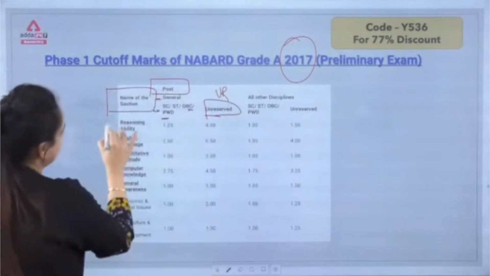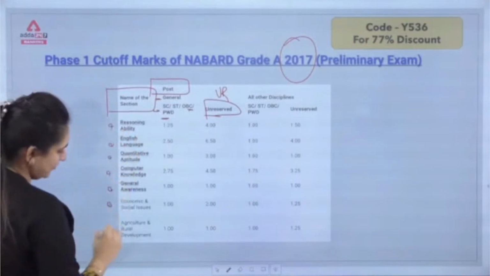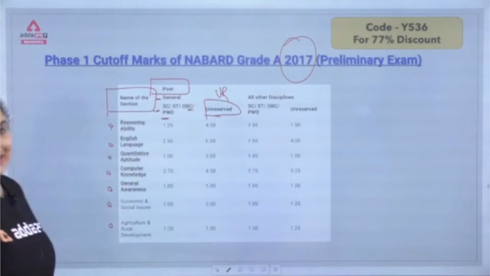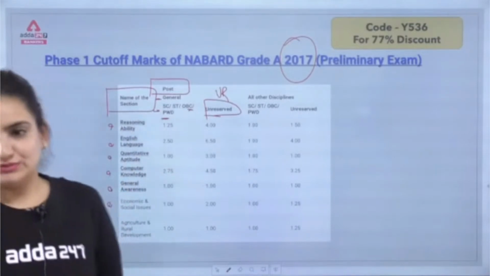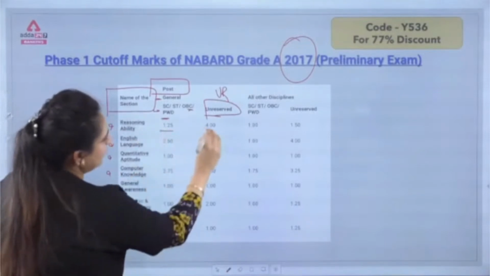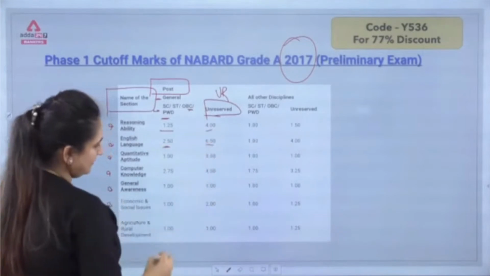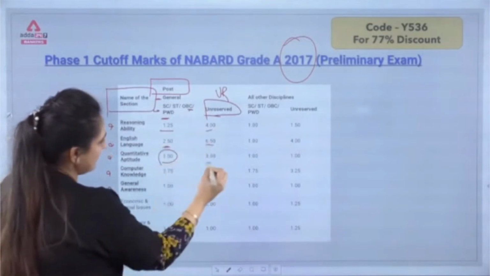All right. So moving forward, general ability, English, quant, computer, general awareness, economic and social issues, and the agri and the rural development. So moving forward herein, 1.25 and 4 for unreserved, 2.50 and 6.50, 1 and 3.